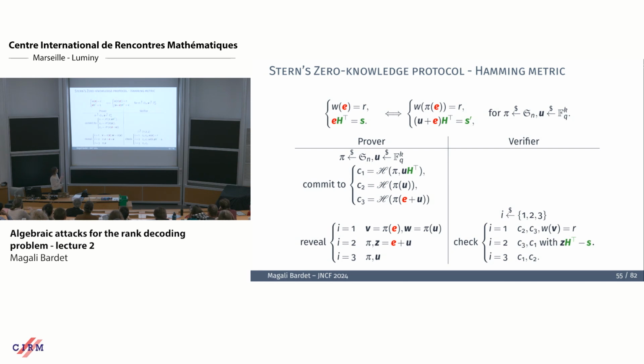So you reveal all but one in each case, and then we check that the values you reveal are compatible, so that you really know E and took a random permutation and a random U. For each of the questions, it's possible to cheat and to commit in advance to two values that will give a correct check without knowing the value of E. But you need to anticipate and know the question in advance.